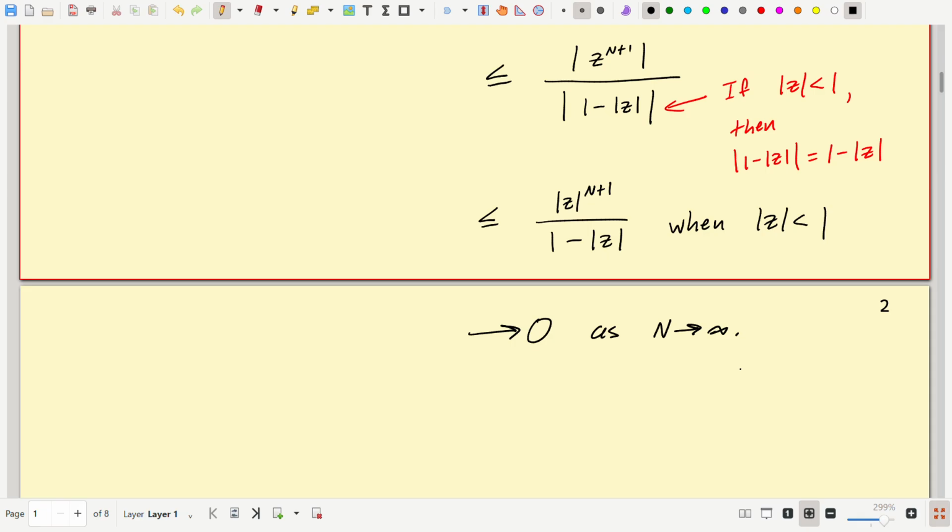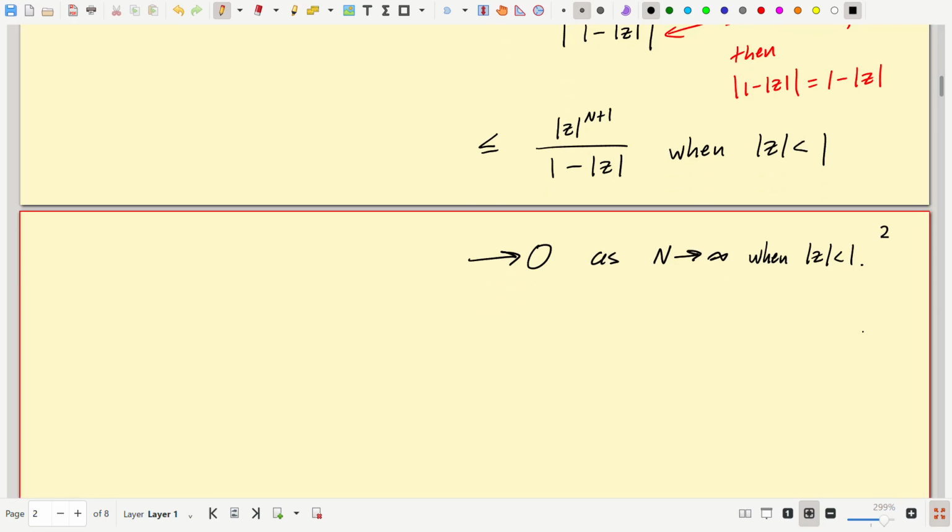Okay. I should maybe continue to say when mod z is less than 1. A basic calculus fact, C to C, that's the same as R to R, and the proof is exactly the same.